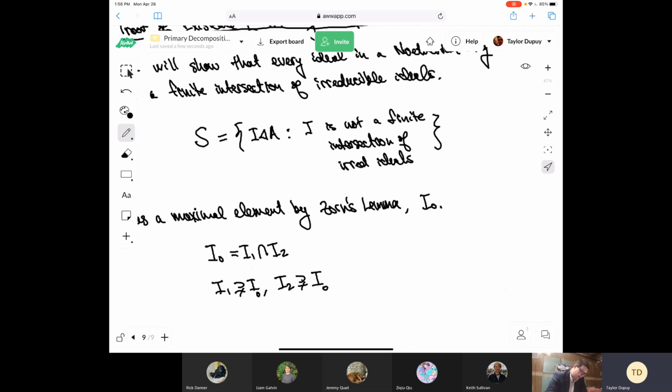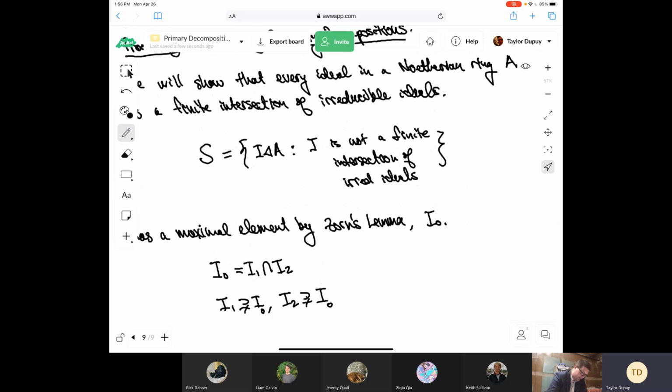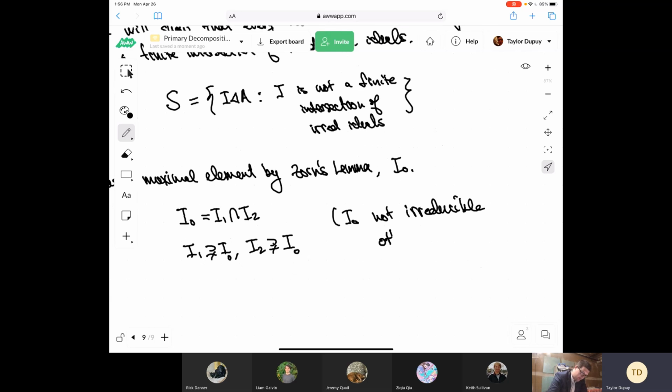So this is saying that I0 is not irreducible. Otherwise, I0 would not be an element of S. It'd be its own decomposition.